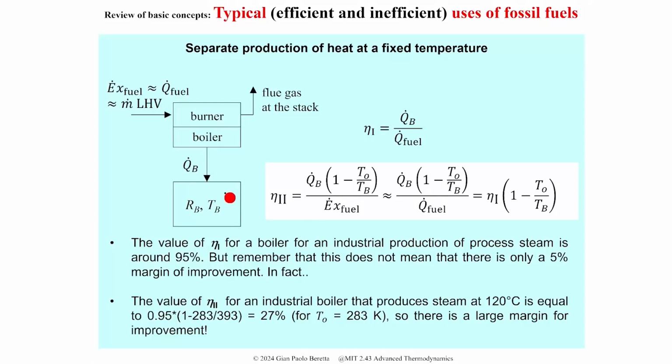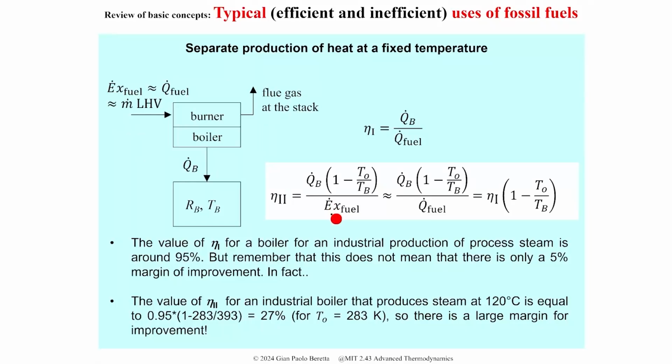Okay, so now the first law efficiency is the ratio of the heat that you produce, that you deliver, so this is your final product, over the energy of the fuel. The second law efficiency instead is the ratio of the exergy of that heat, so it's the heat multiplied by the Carnot coefficient, divided by the exergy.